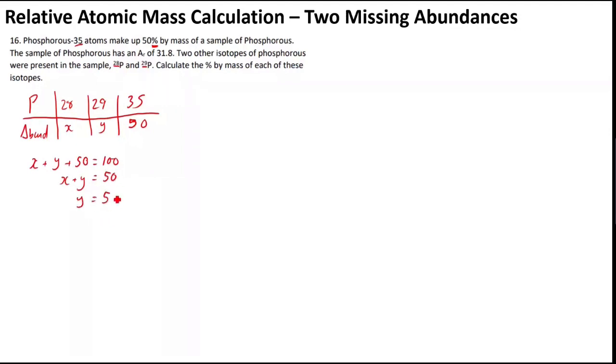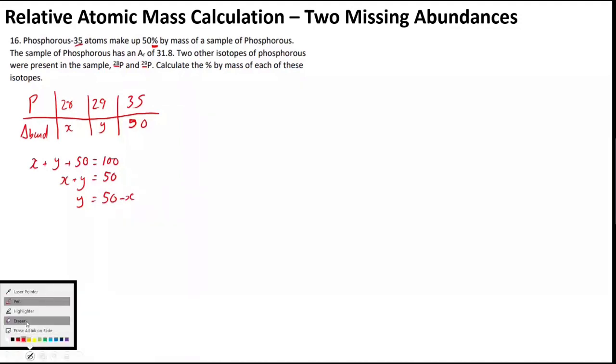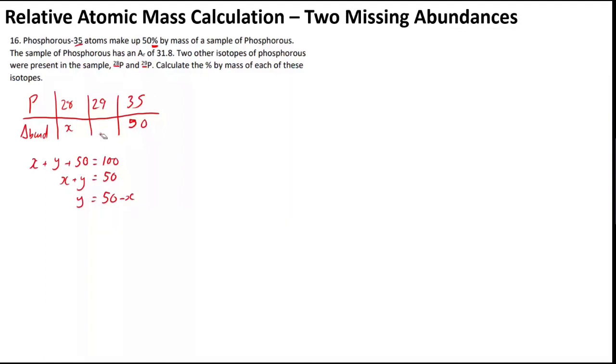So we can say that Y equals 50 minus X. And then we can now get rid of the Y in our table, because we've just said here that Y equals 50 minus X. So rather than writing Y, we just write 50 minus X. Writing down that step there, that would get you the first mark on this question.